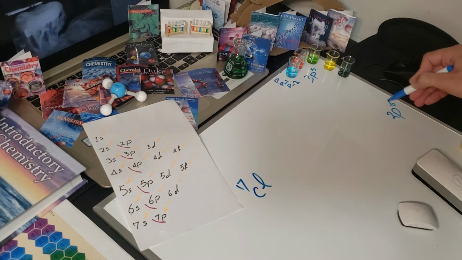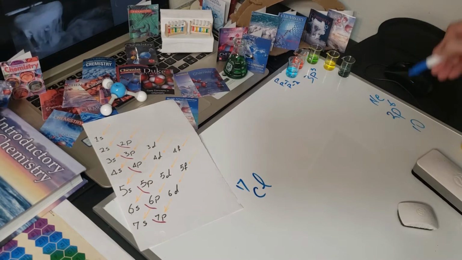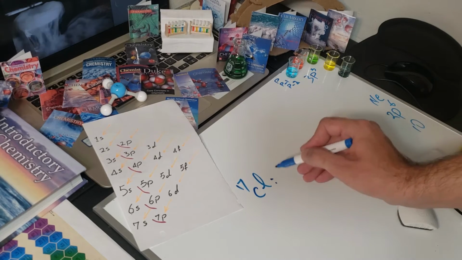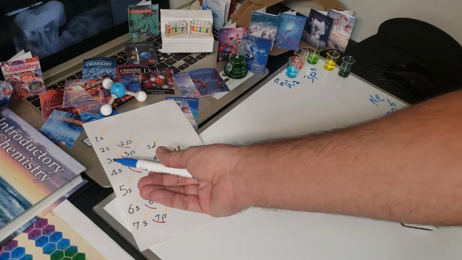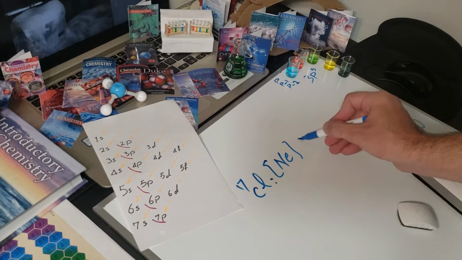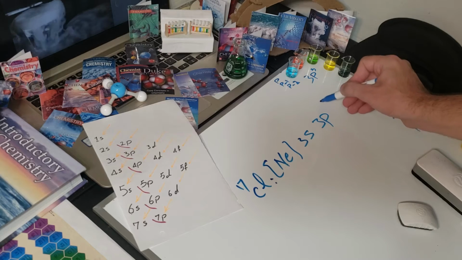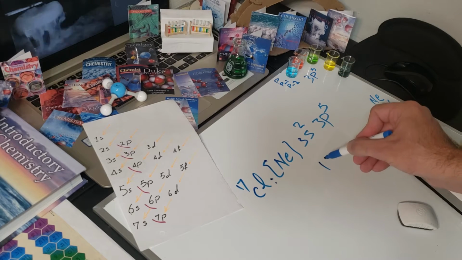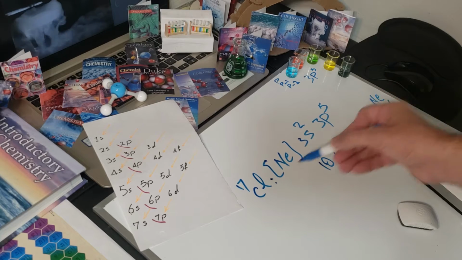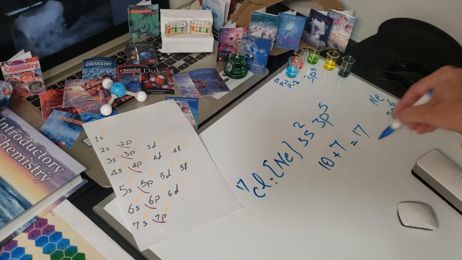So 2p6, neon, 10 electrons is where you have to start. My bad. So that's neon, and then after 2p6 I have a 3s and a 3p. So 3s, 3p5 is where I stop, and s has a maximum of 2. So it's 10 plus 7, 10 for neon and 7 there to make a 17.